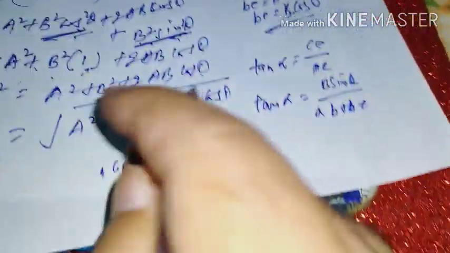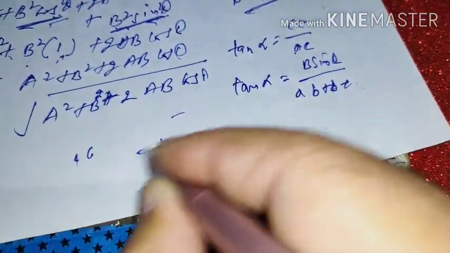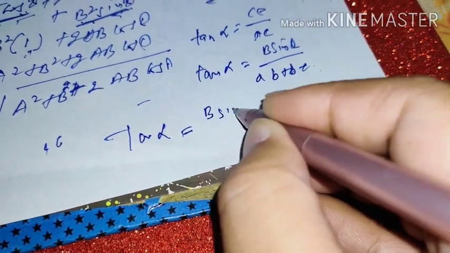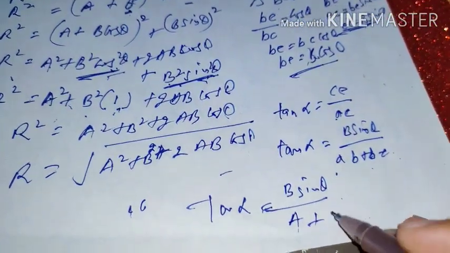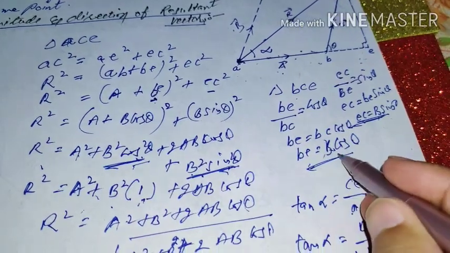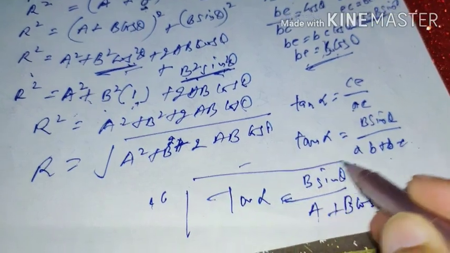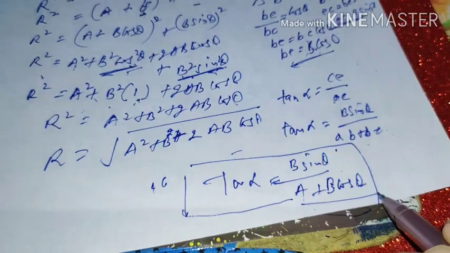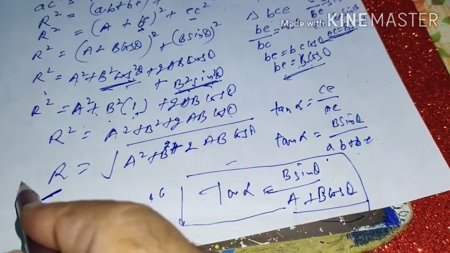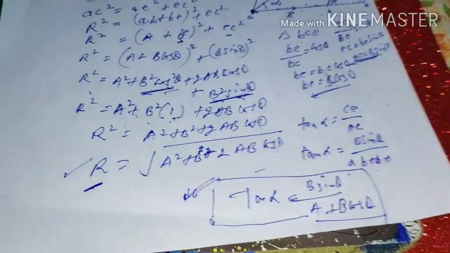So your tan alpha will become B sin theta over, for AB, A plus, for BE, B cos theta. So using this expression, you can calculate the direction of the resultant also. This is the magnitude of the resultant and this gives the direction of the resultant. So sufficient for today. Thank you.